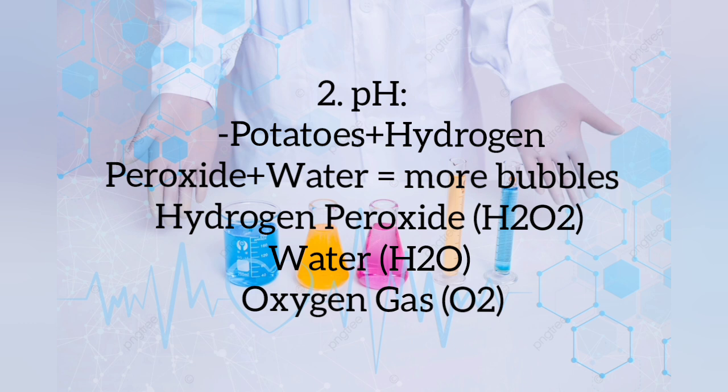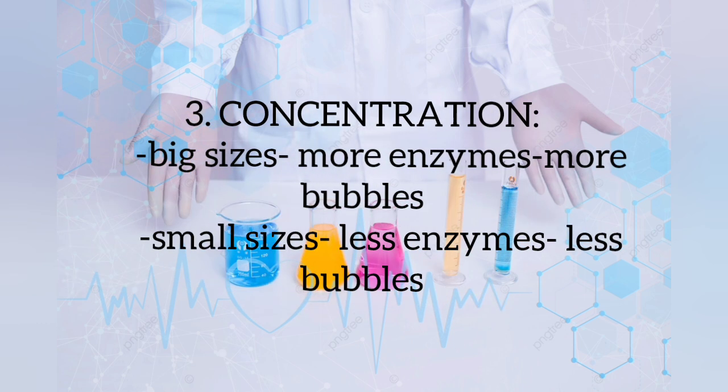Potatoes contain an enzyme called catalase, and this enzyme speeds up the breakdown of hydrogen peroxide into water and oxygen gas. For concentration, bigger potato pieces have more enzyme, so they can break down hydrogen peroxide faster, producing more bubbles. Smaller pieces have less enzyme, so the reaction is slower.